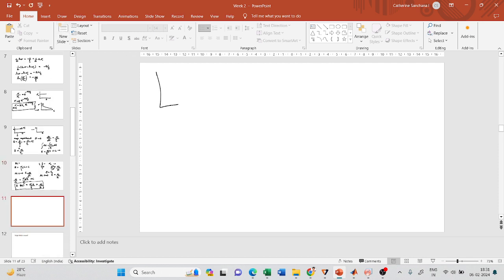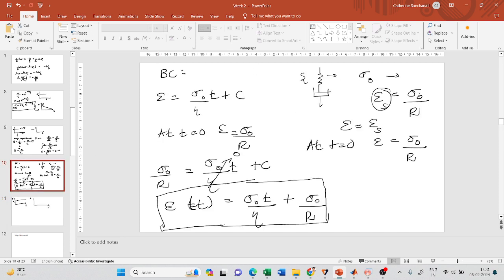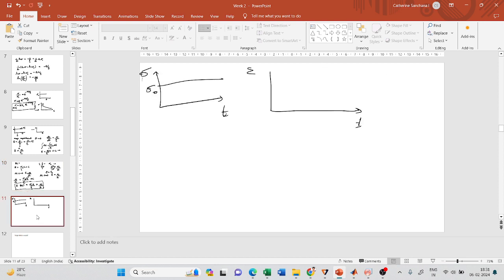Now let us see how this strain will look. This is my time axis and this is my stress, and I'm subjecting the material to a constant stress of sigma naught. So how will I plot this response? I know the equation, so let me see what the value is at time t equals 0. At t equals 0, this term will vanish, so my strain will only be because of the spring, which will be sigma naught by r.